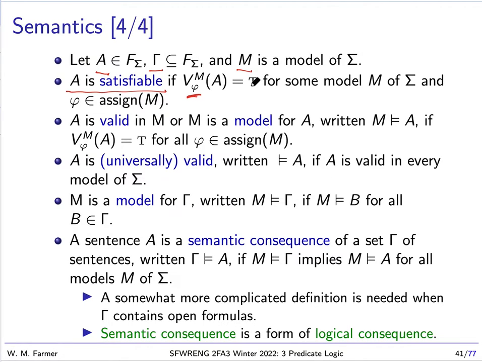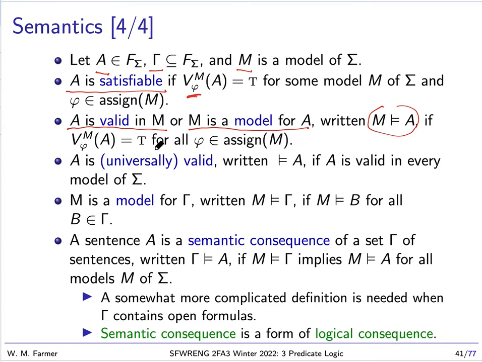So one way to think about this is a formula is satisfiable if there's some situation in which it might be true. If it's unsatisfiable, that would mean it is false in every situation. Okay, so let's move on. So A is valid in a model, and another way of saying that is M is a model for A, and we write it like this.